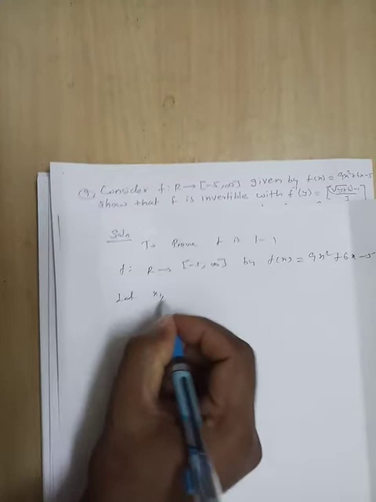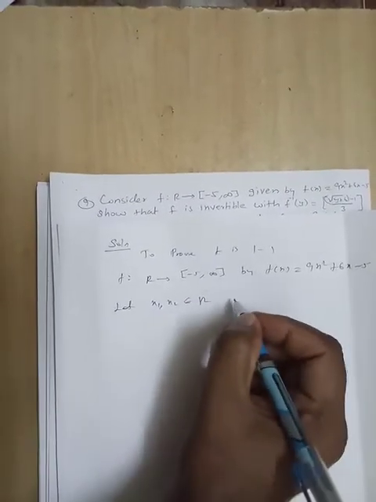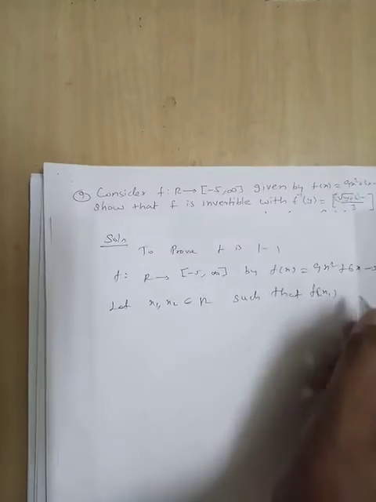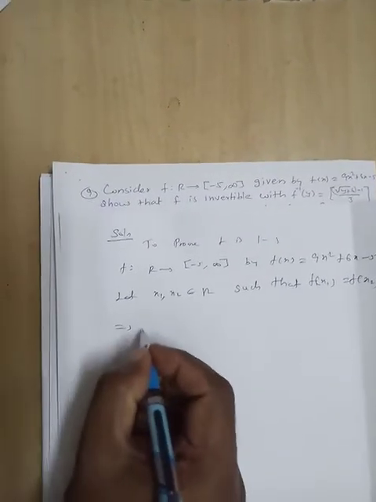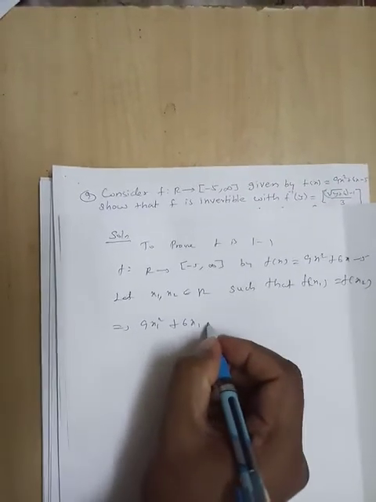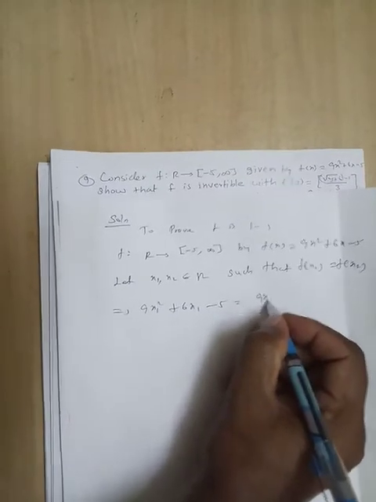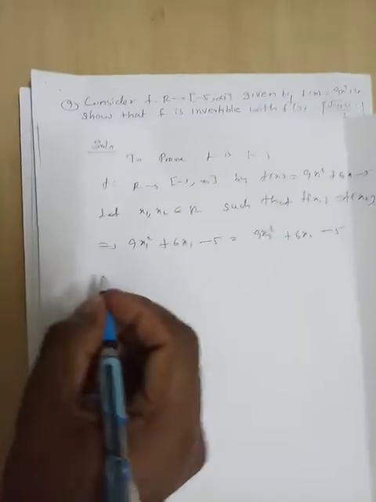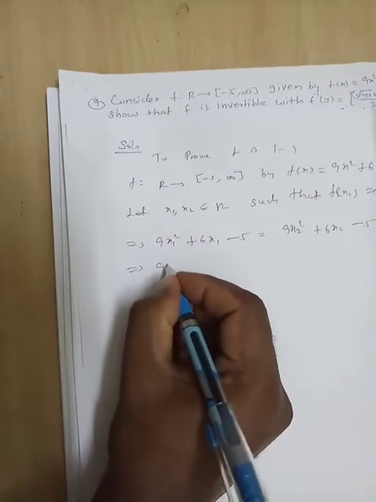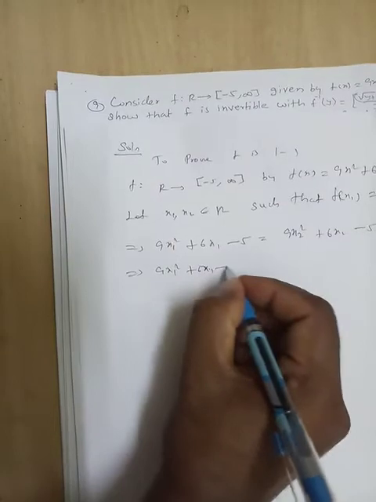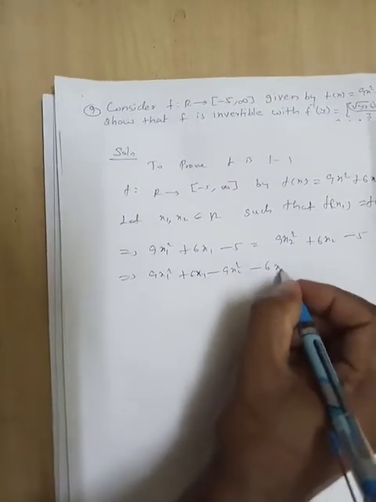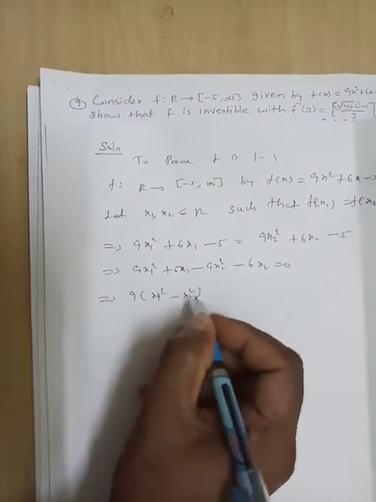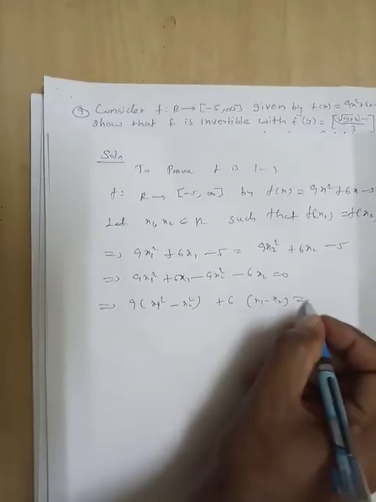Let x1, x2 belong to R, the domain, such that f of x1 equal to f of x2, which implies 9x1 square plus 6x1 minus 5 equal to 9x2 square plus 6x2 minus 5, which implies 9x1 square plus 6x1 minus 9x2 square minus 6x2 equal to 0. 9 of (x1 square minus x2 square) plus 6 into (x1 minus x2) equal to 0.